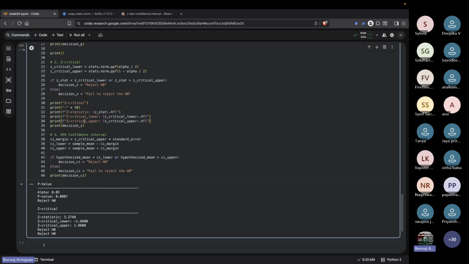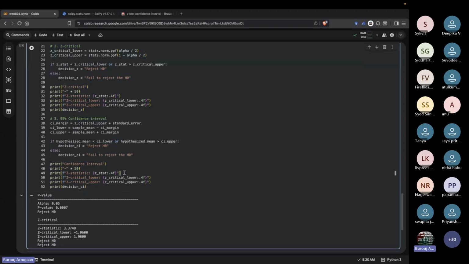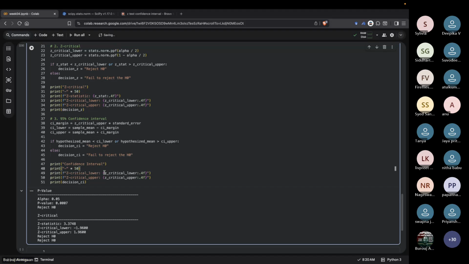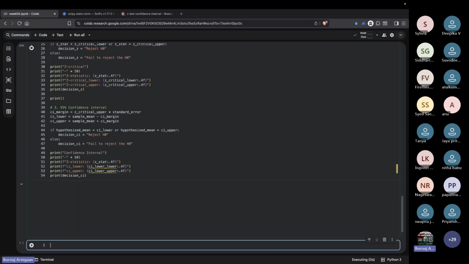We could write a similar thing for this whole thing. We write confidence interval. We don't need this. We have our CI lower, CI upper, CI lower, CI upper, and we can print a blank line here.